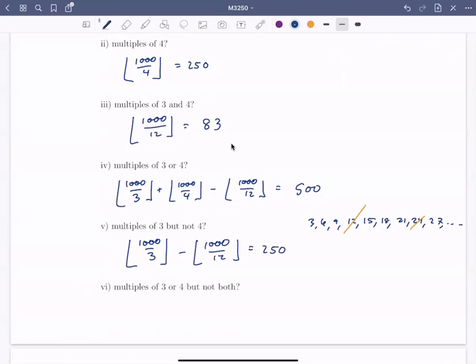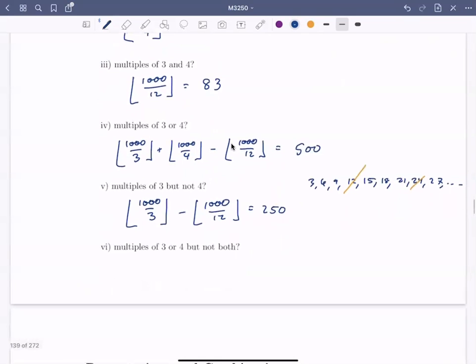How many are multiples of 3 or 4, but not both? And this is, again, a slightly trickier way to do this. The way I like to think about this is that we can count this by finding how many are multiples of 3 but not 4. So that's the floor of 1,000 over 3 minus the floor of 1,000 over 12. Again, taking the floor of each of those quantities.